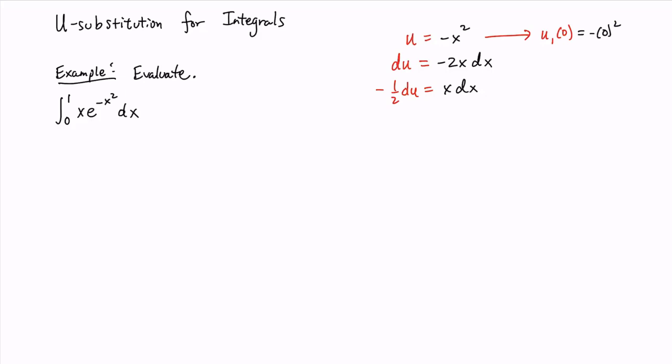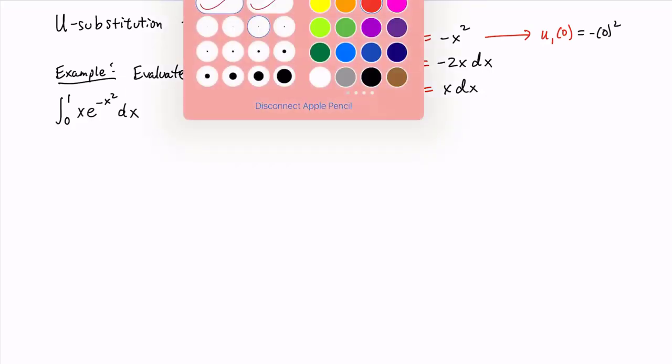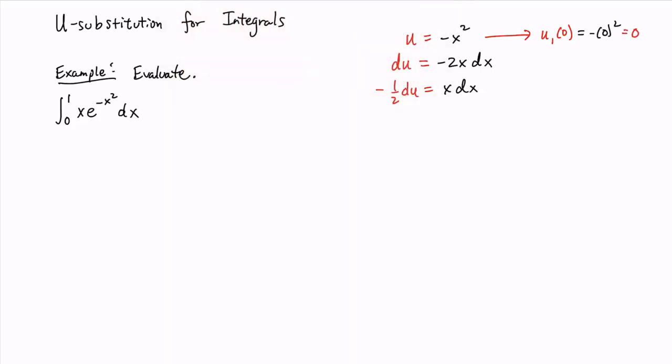And of course, that is equal to 0. So let's also find u2 evaluated at 1. But a u function evaluated at 1, what is that going to equal? That is going to equal the opposite of 1 squared. So that's negative 1.